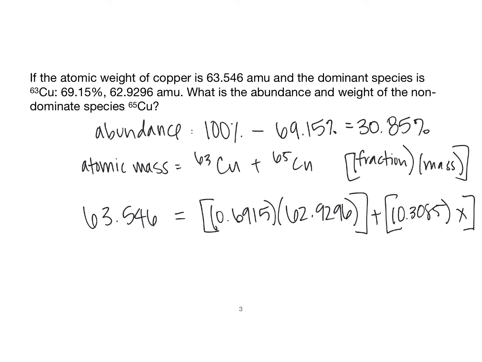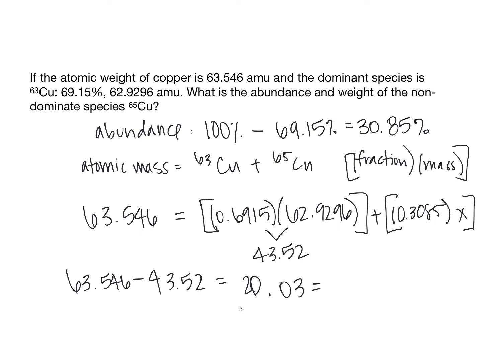So we're again going to set up our calculation. What we'll see is these two values multiplied together give you 43.52. So 63.546 minus 43.52 is going to give us 20.03, and that equals 0.3085 times x.